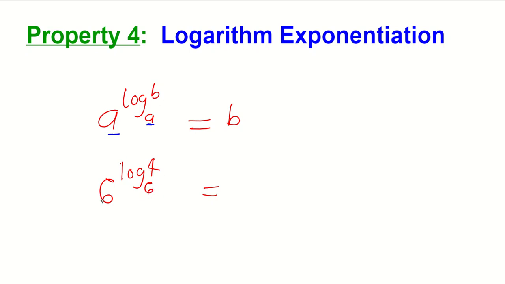Now we can see that they are the same bases, so they will go out, and what will be left is the 4. So our answer now is 4. It means the common numbers will go and whatever is left will be our answer.